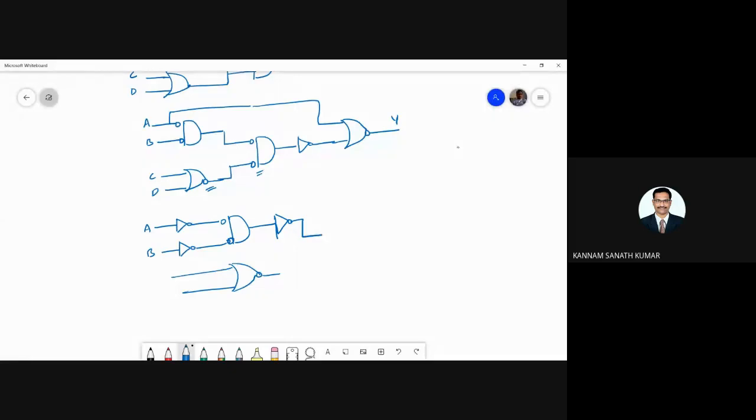Again, this is given to the bubbled AND and this is given to the inverter. A input is coming and it is given to an inverter. Here again you have to add.